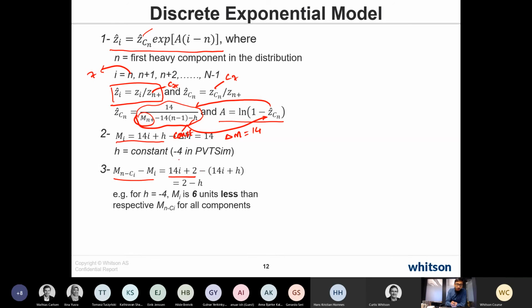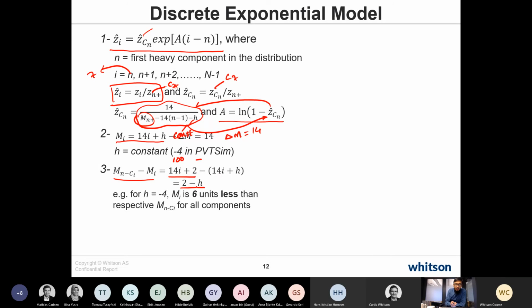For the C7 component, that will be normal heptane, which is about 100. So if you put I equal to 7, you will get about 100 with this expression, minus 14I plus H. If we solve this expression here, you will get 2 minus H.